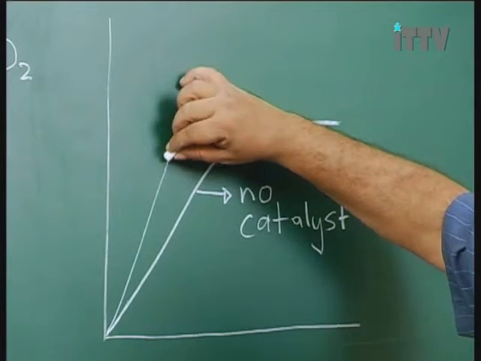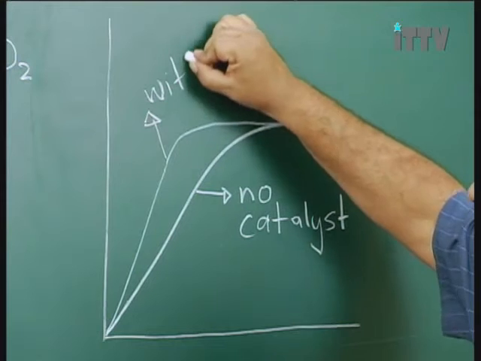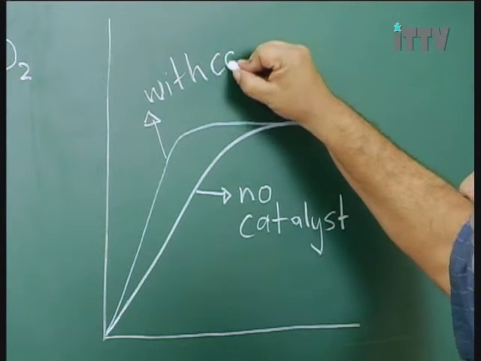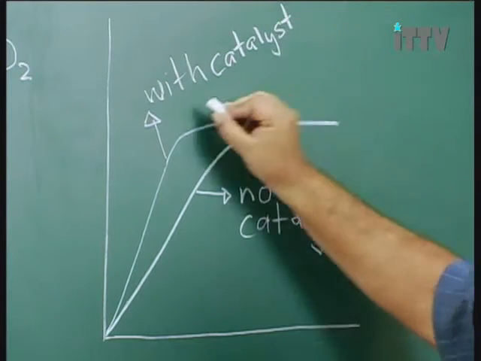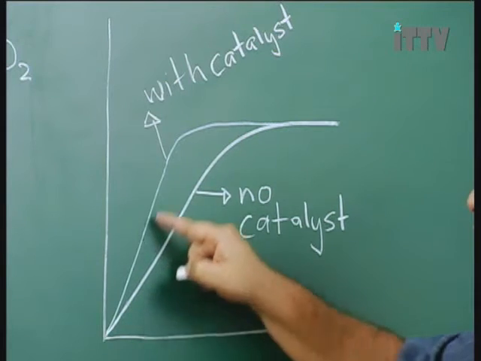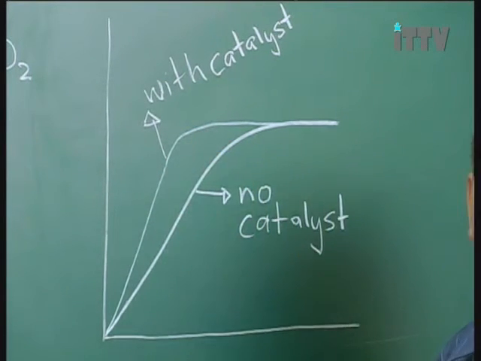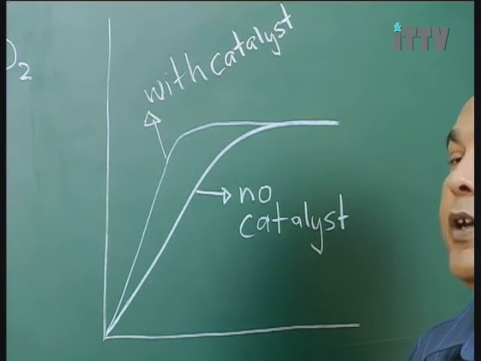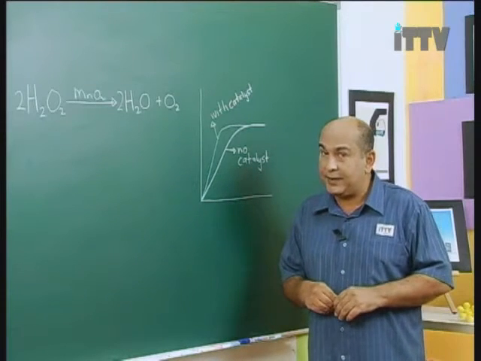So let's label this: with a catalyst. With a catalyst, your rate is faster because your gradient is steeper, but the volume of oxygen gas being produced in this case is going to be the same amount. It's just that you get it faster.